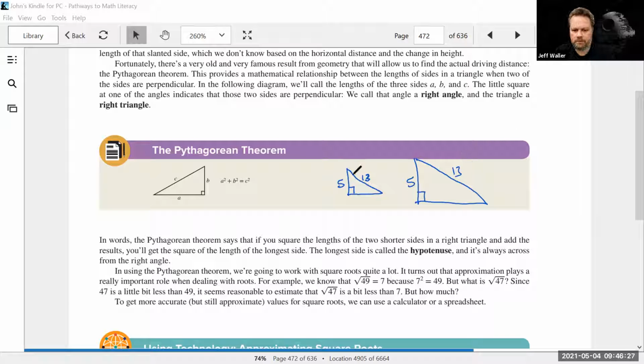There we go. Can you figure out this side? Is the unknown side C? No. Which side is C? 13. Good.